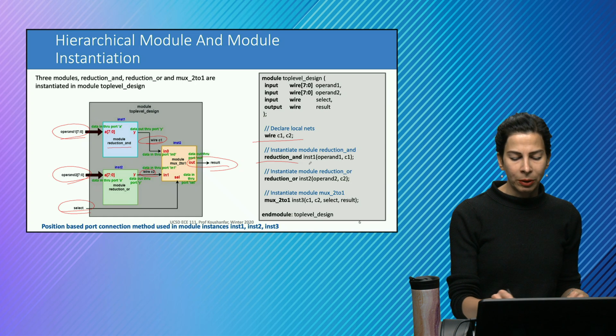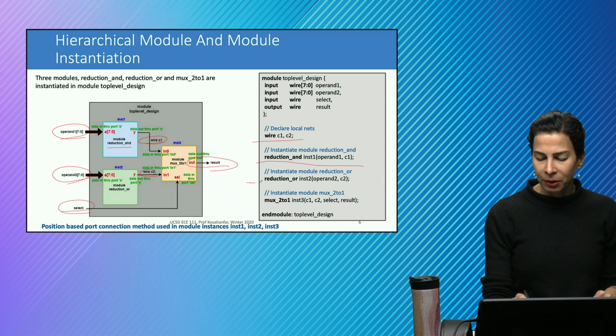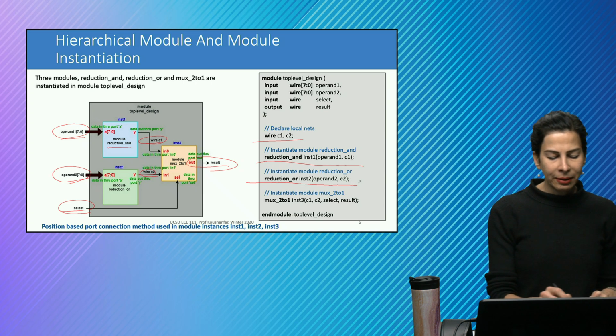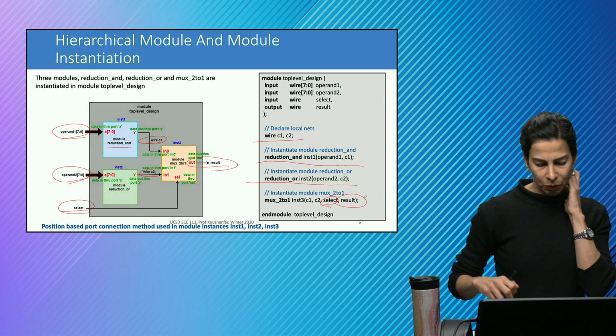For the second one, similarly, reduction OR with operand 2 and C2. And then last but not least, I'm going to select with the select signal between these two wires, and the result will be the output of this module.